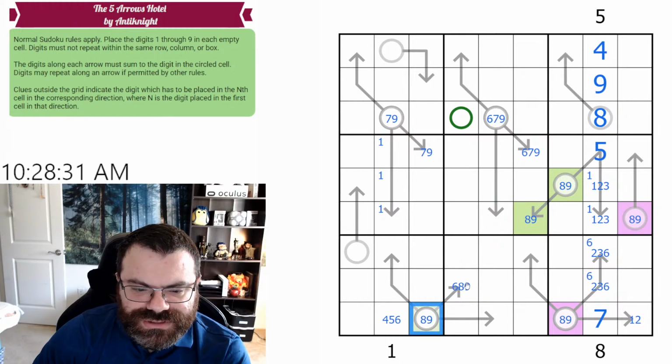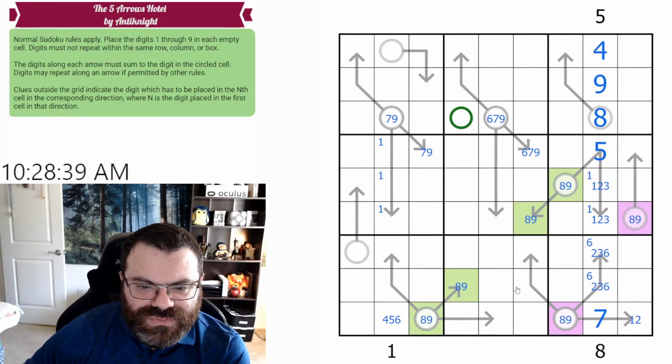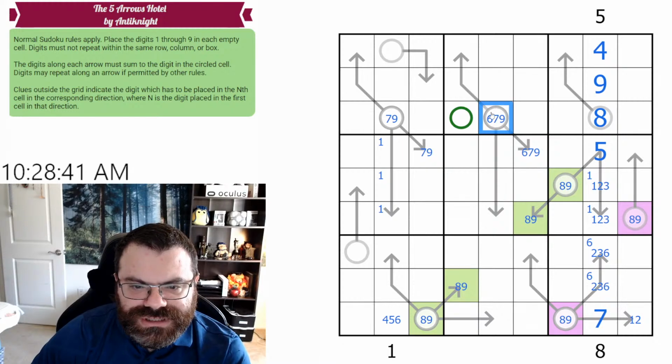So this is the green 8, 9. Where does the green 8, 9 go? Here? It's not this one, because this one's repeated here. So it's up here somewhere.